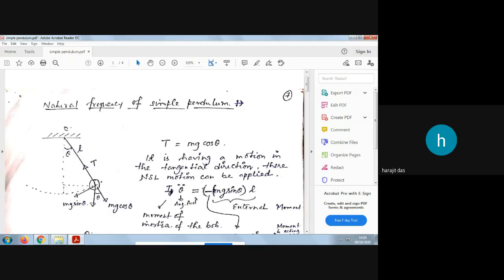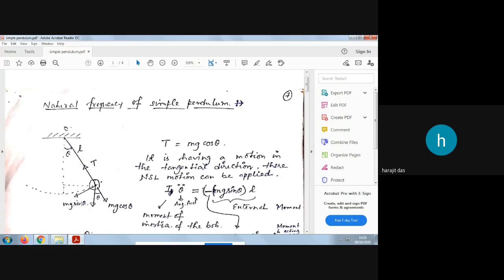Here the moment due to mg cos theta will be cancelled out because of the tension component. Only due to this mg sin theta the motion will happen, and this is the only moment for which the motion is occurring in a circular path.